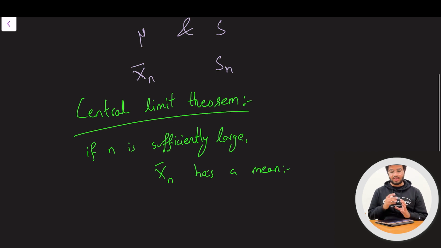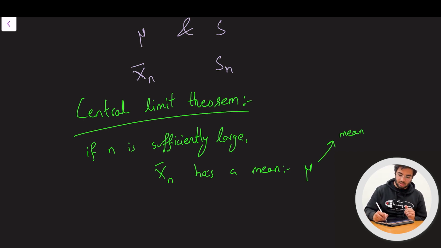Notice how I was saying that the sample mean has its own distribution, with its own mean and standard deviation. The x bar mean is, let me just make sure I don't get this wrong, it has a mean of mu, mu being the mean of the population.